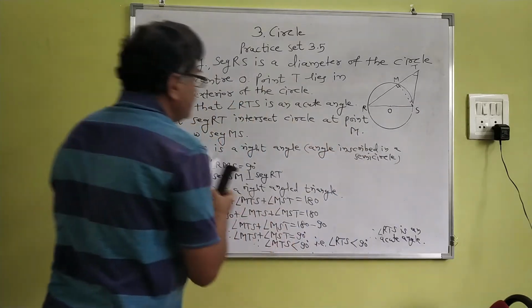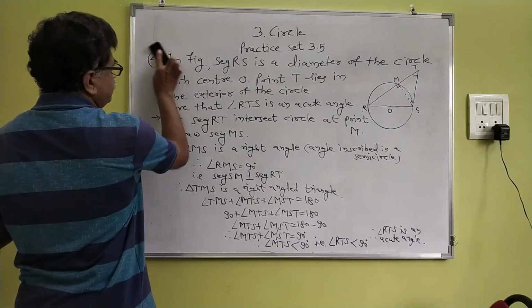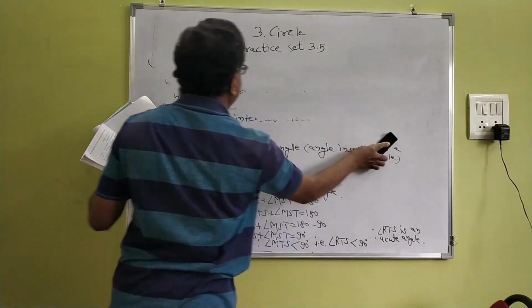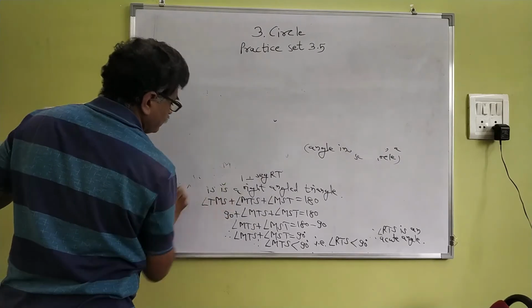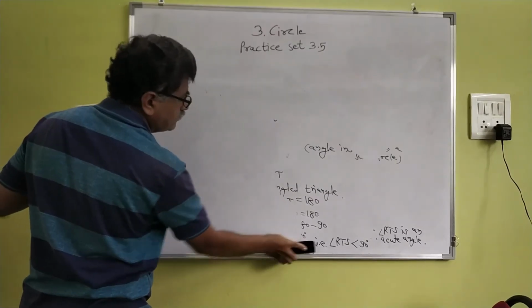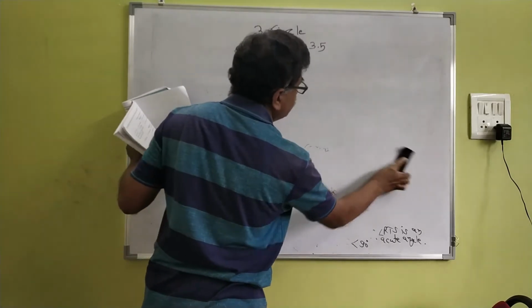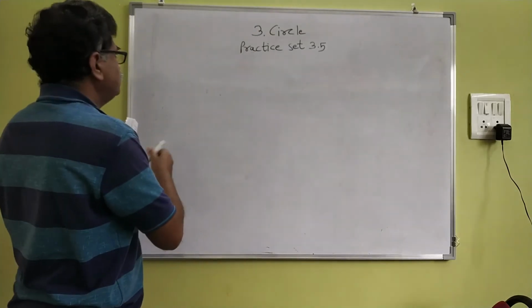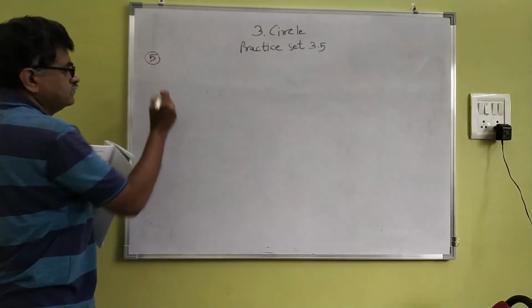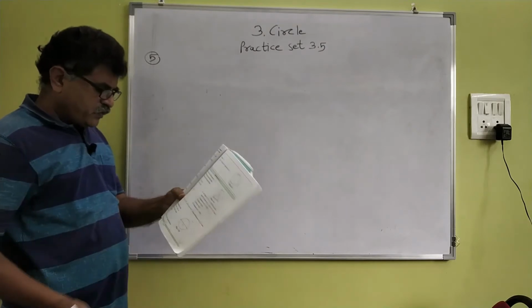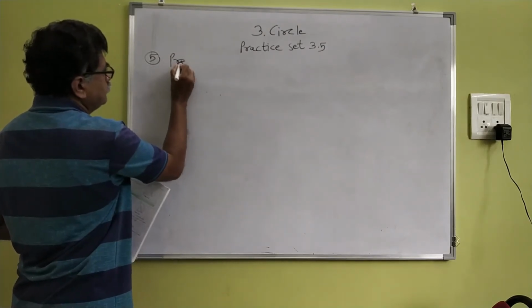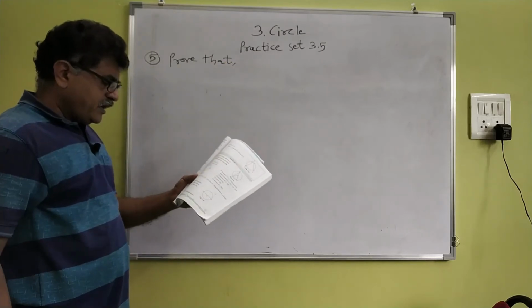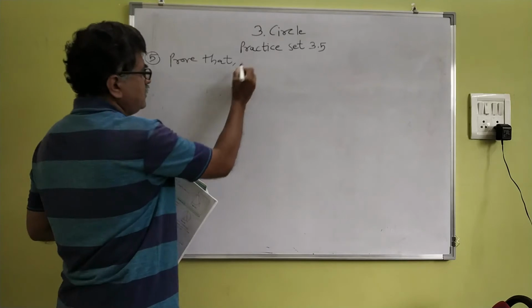Now example number 5. Question number 5: prove that any rectangle is a cyclic quadrilateral.